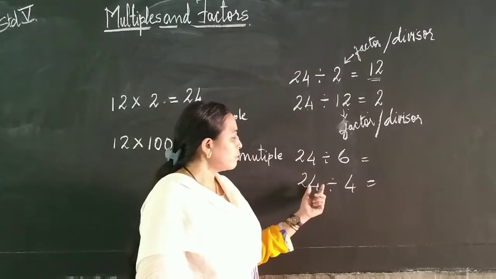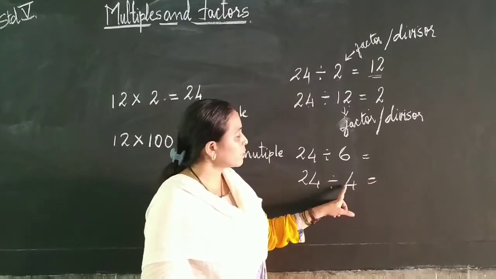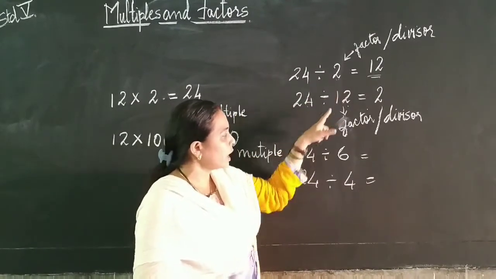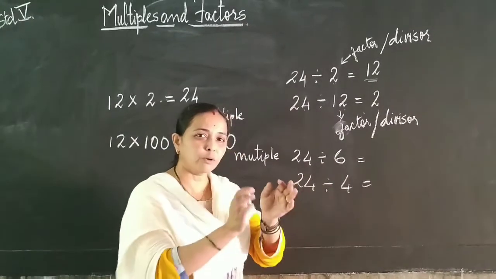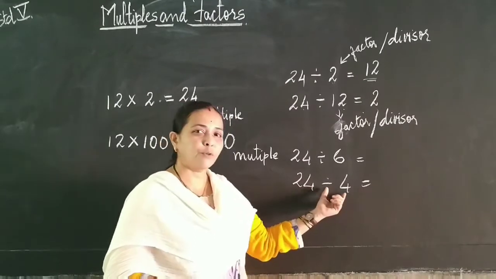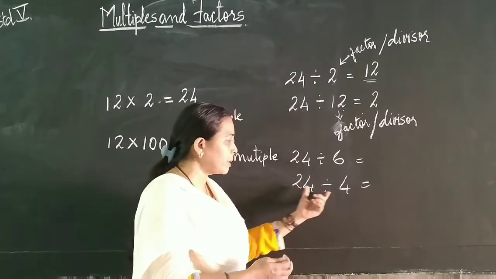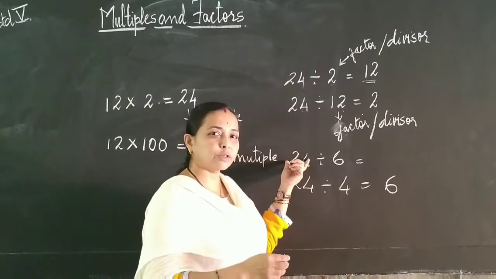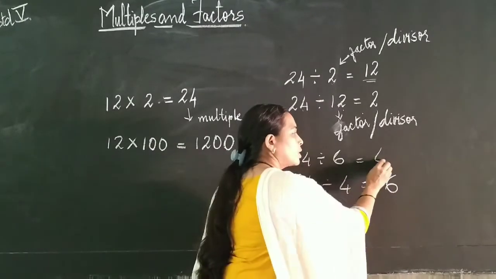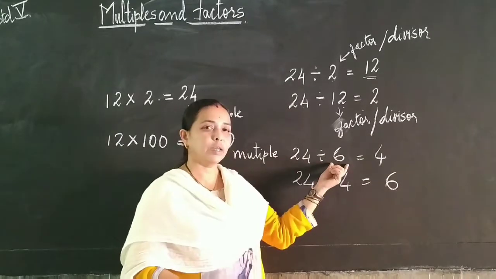So this way, factors of 24 you can get here now: 2, 12, 6, 4. That means this 24 you can make groups of 4. How many times will the group be made? It can be 6 times. 24 things, group can be made 4 times if you divide equally by 6.